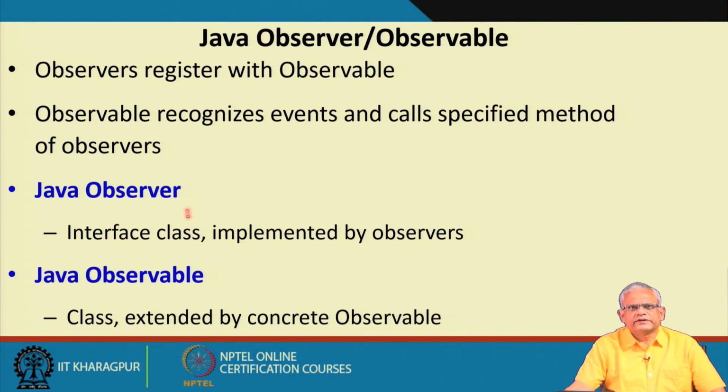The Observer is an interface implemented by observers, but the Observable, as you would have noticed, is a concrete class, not an interface, and the concrete observables will inherit from the Java Observable class. But why is the Java Observable a concrete class, not an interface?